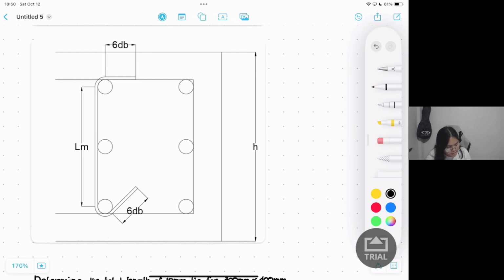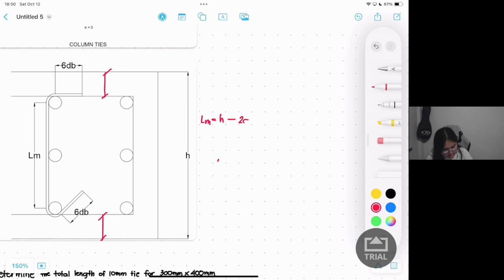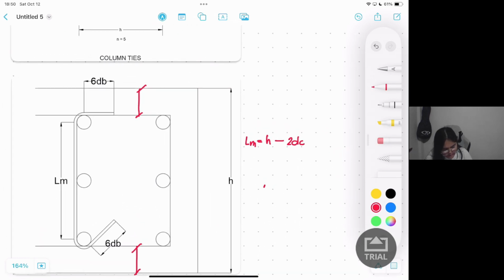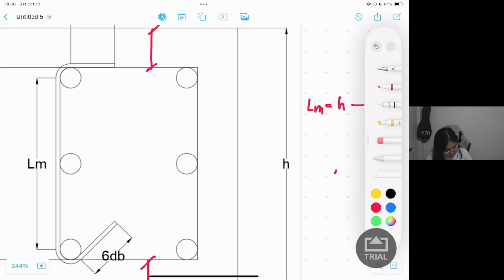So, dito, si middle straight bar or yung LM natin, ayan, LM is H minus dalawang concrete cover, ayan, minus 2DC, minus, ito, ay sorry, mali ito, nagsobra ko.